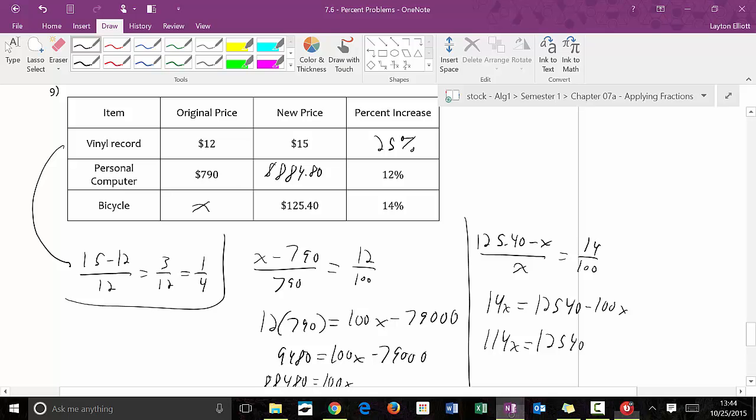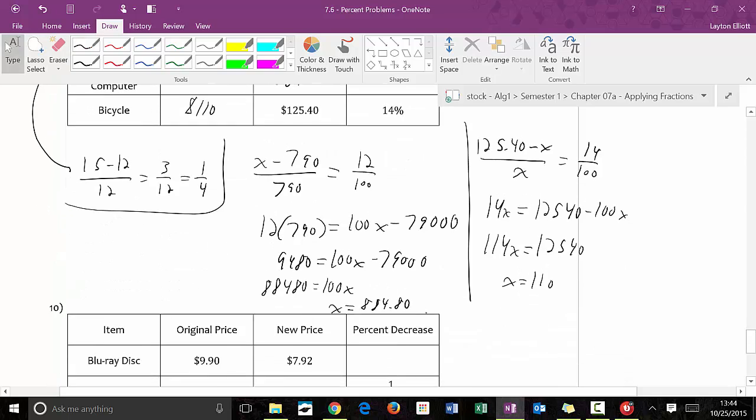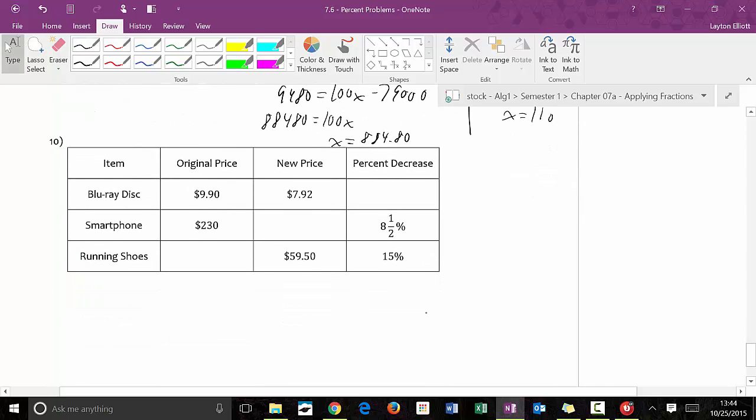And x is 110, so that would just be $110. And that makes sense. So you've got to check that everything in the new price is bigger than the original price, and that works.